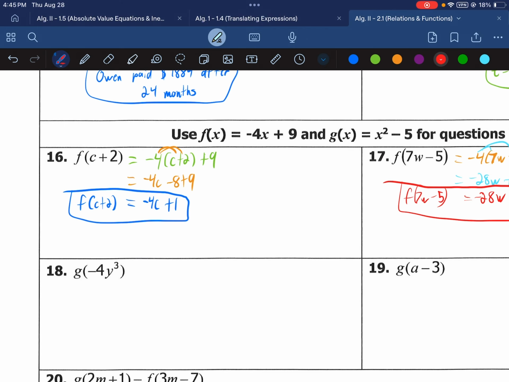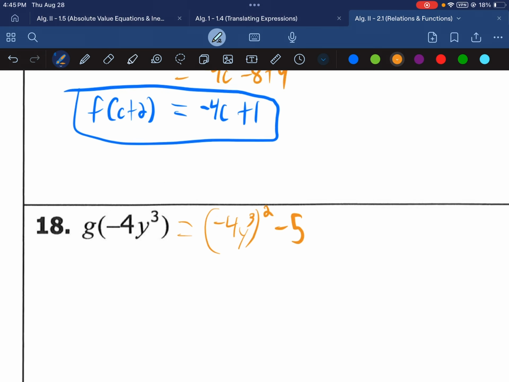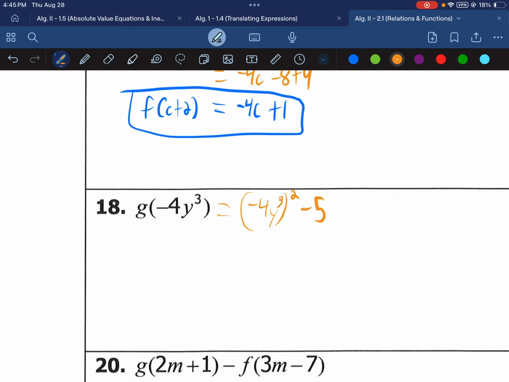On 18, plugging negative 4y cubed into g of x. So this would be negative 4y cubed being squared, because the x is squared, minus 5. Now, negative 4y cubed times negative 4y cubed, that's what that means, 2 of these.